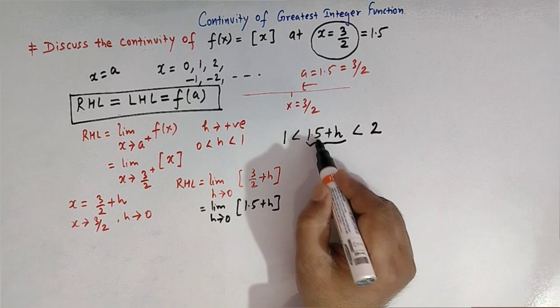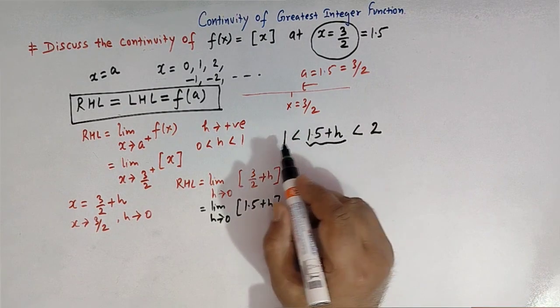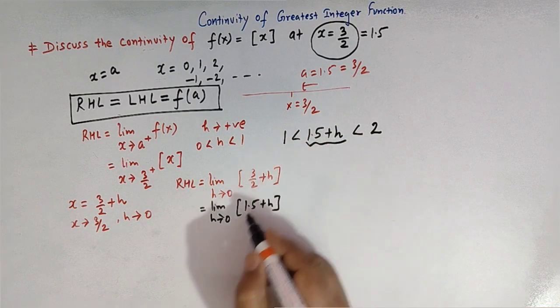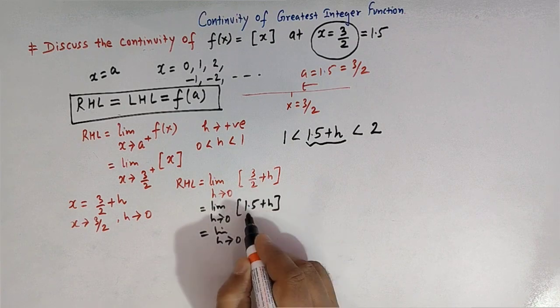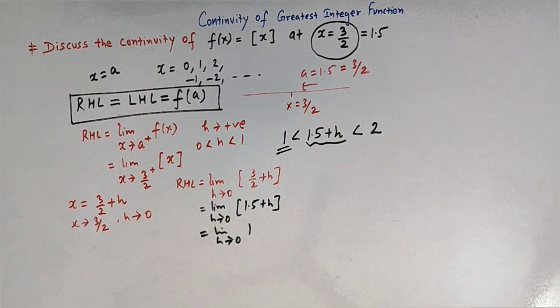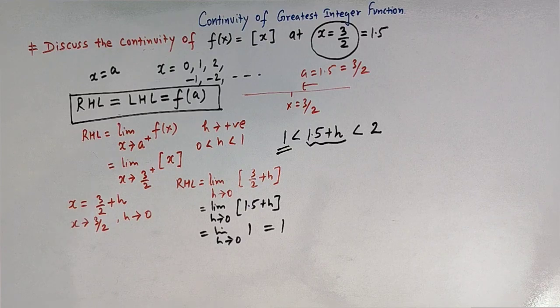It implies that 1.5 plus h lies between 1 and 2. So from the definition of the greatest integer function, the value of the greatest integer of 1.5 plus h is equal to 1. So this limit is now equal to 1.